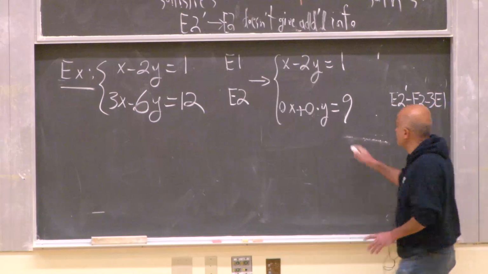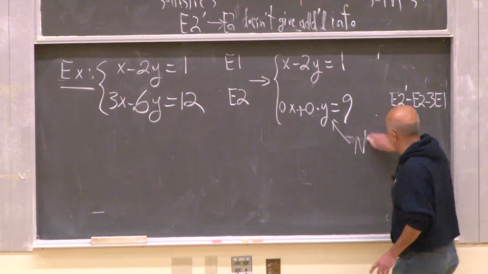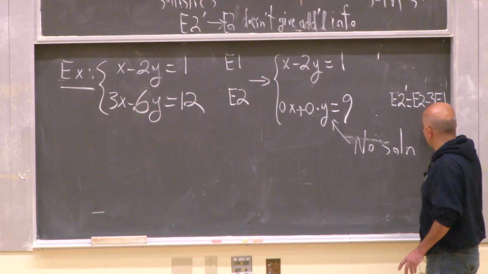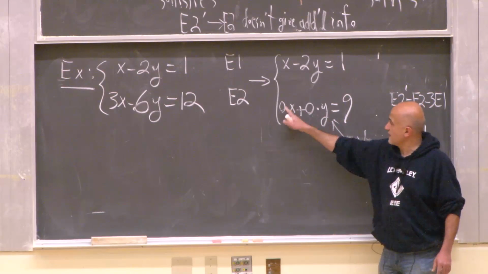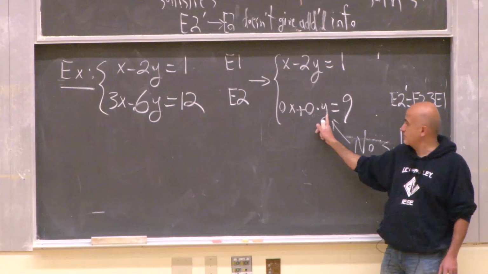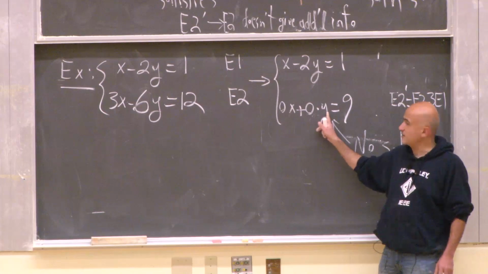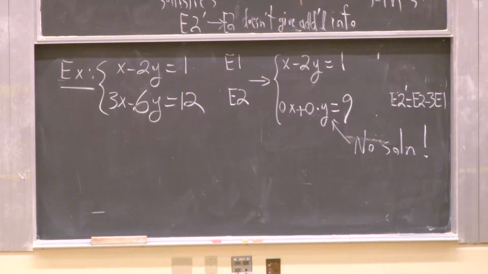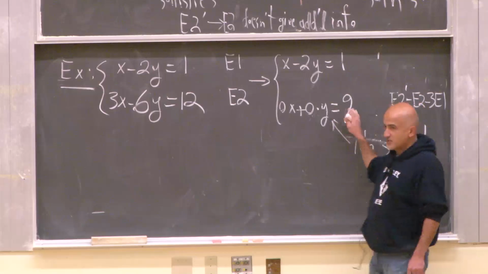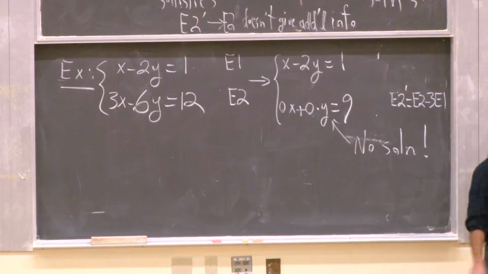There's no solution. You have, on the left-hand side, something that's identically 0. No matter what you plug in for x and y, you're not going to get a non-zero number, because each of them is being multiplied by 0. Okay? So you have a 0 equals 9 situation. That's not a good situation to be in.